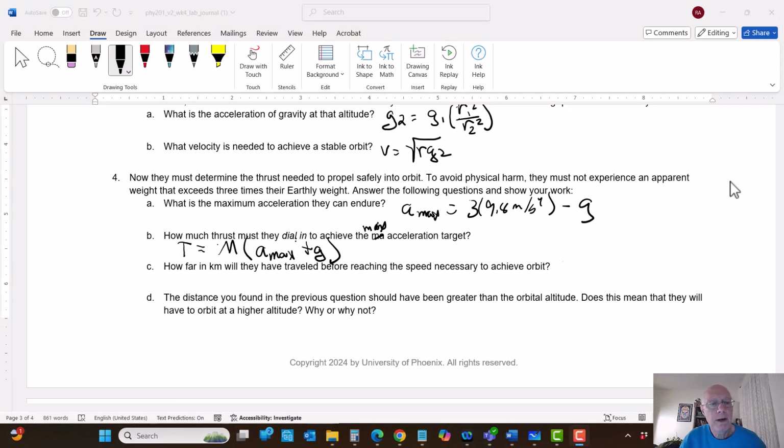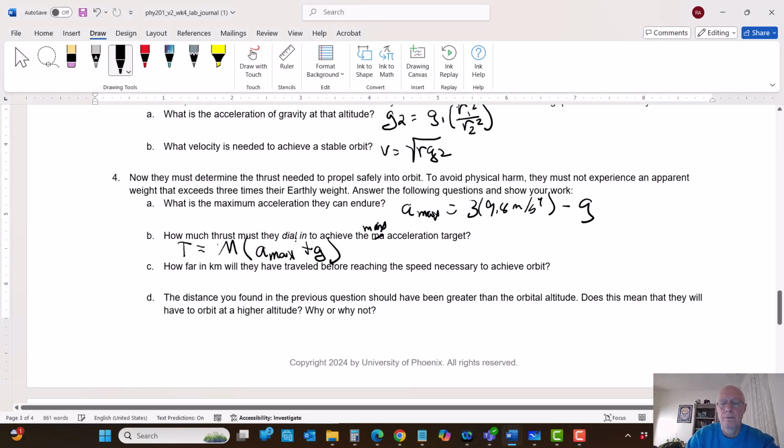All right, now we want to find out how far in kilometers they would have traveled before reaching the speed necessary to achieve orbit. So we're going to use one of the kinematic equations that relate distance traveled to the change of velocity and the acceleration. So that looks like this, if you recall.